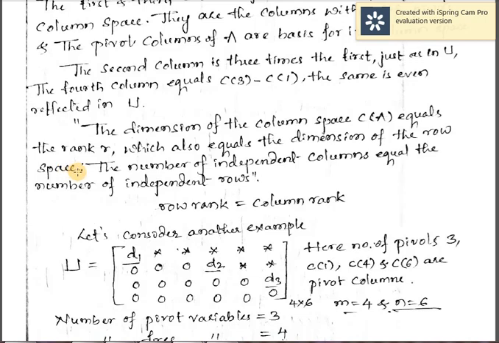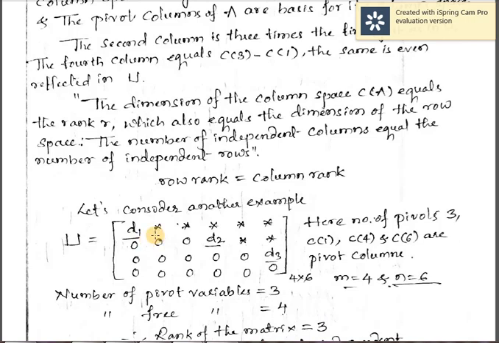So even by considering the number of non-zero rows, we may go for obtaining the rank, or we may do it by using the pivot elements. So the rank is going to be the same. The rank obtained by row operations or by column operations is going to be the same. So r is equal to 2 with this A.